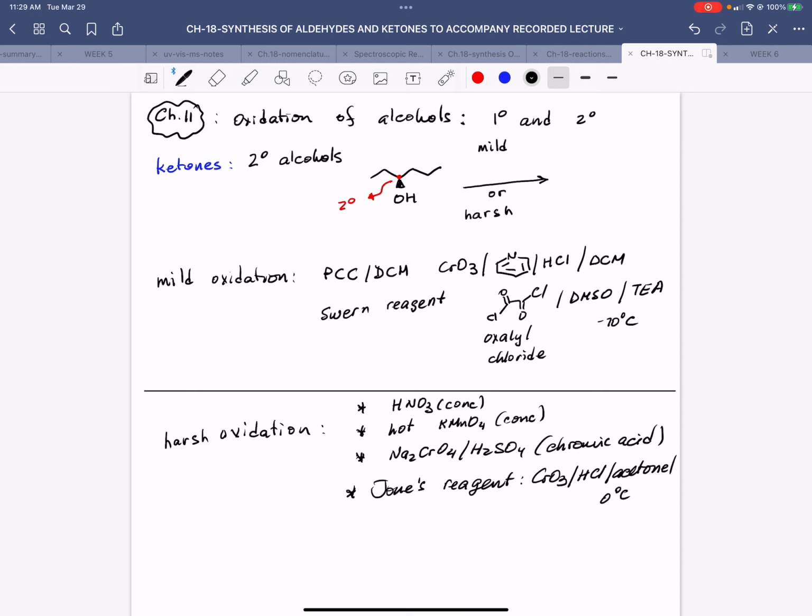Okay? Any one of those conditions will provide oxidation of a secondary alcohol into a ketone. Okay? So I'm not going to put reagents here. You can use any of those sets.